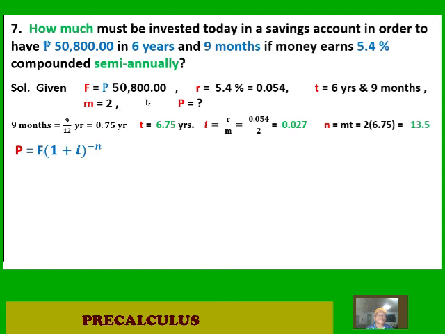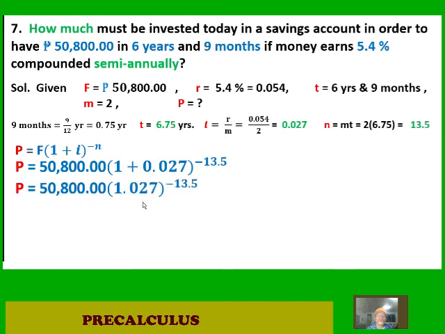Substitute F, 50,800. I, 0.027. N, 13.5. Add this first. Then raise to negative 13.5. So this is the result. Multiply this with 50,800.